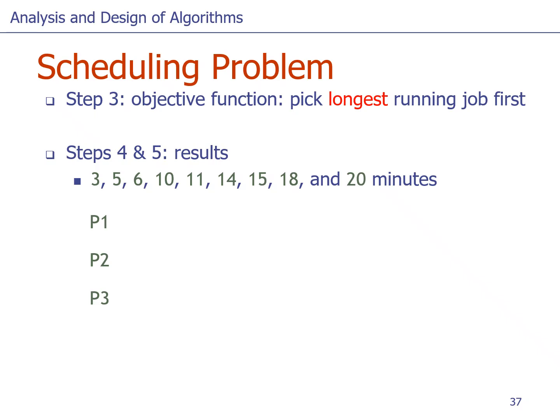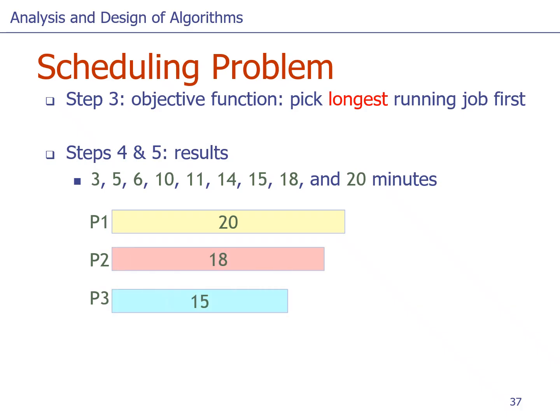So picking the longest means I will pick the 21st. Here are my three processors. I will put in the first processor, P1, the job that takes 20 minutes, in the second processor the job that takes 18 minutes, and in the third the job that takes 15 minutes. Then obviously the first one to finish is the shortest of the three, so the 15 minutes will finish first, and immediately I put the 14 minutes after it.